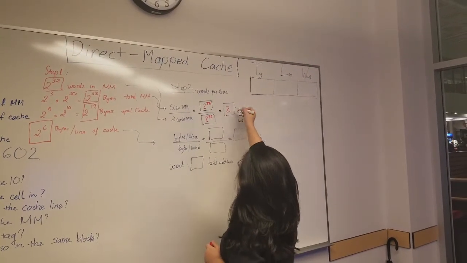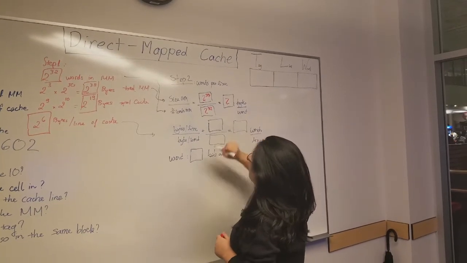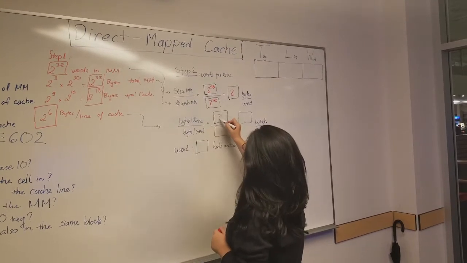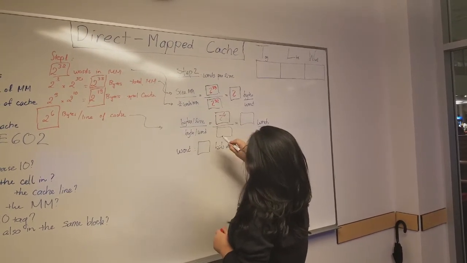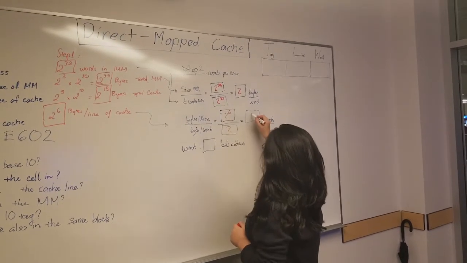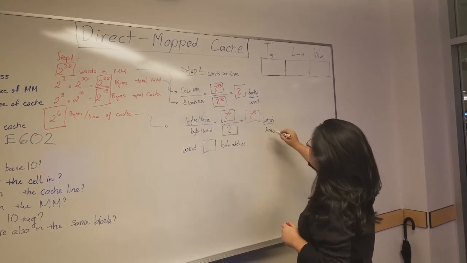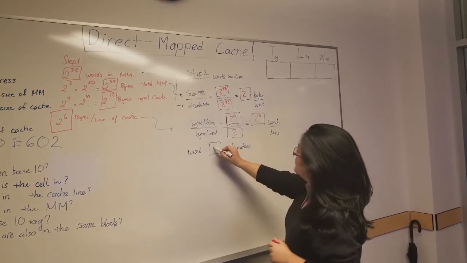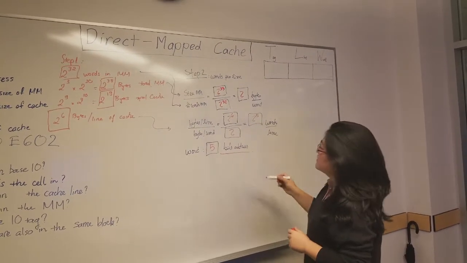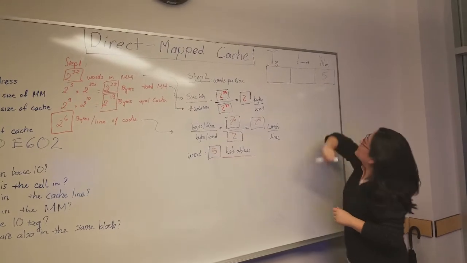So now we have the number of bytes in a word, and then we take the number of bytes in a line that is given, and we divide by the number of bytes in a word. With that, we know that it's 2 to the 5 words per line. Using the log, we discover the size in bits of one word is 5 bits.